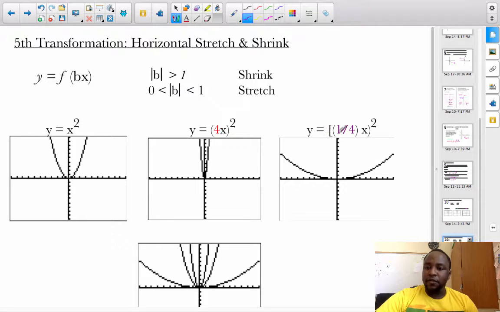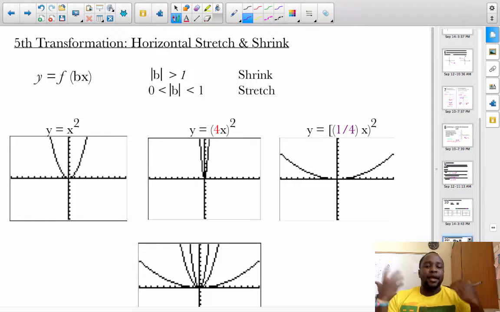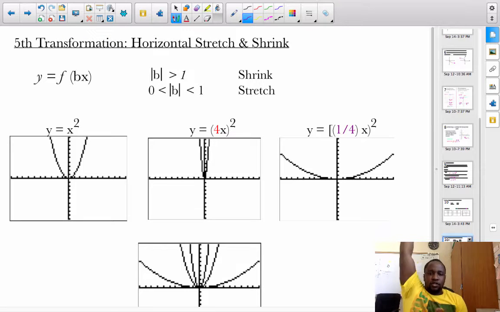Where we have y equals 1/4 x squared, it's being stretched horizontally. You're probably wondering, it looks awfully similar to the ones right here, and that's true. A horizontal shrink is the same thing as a vertical stretch, and a horizontal stretch is the same thing as a vertical shrink.